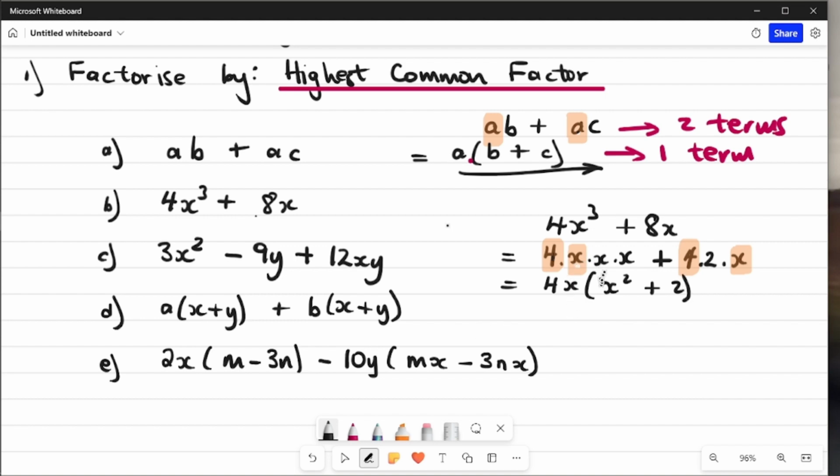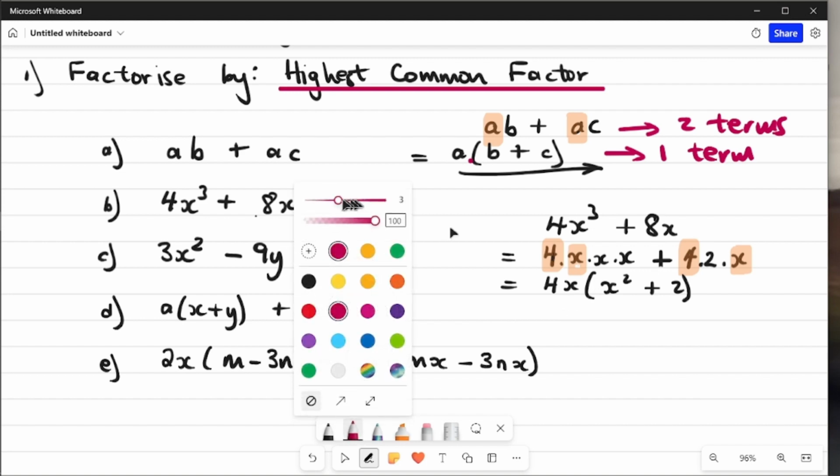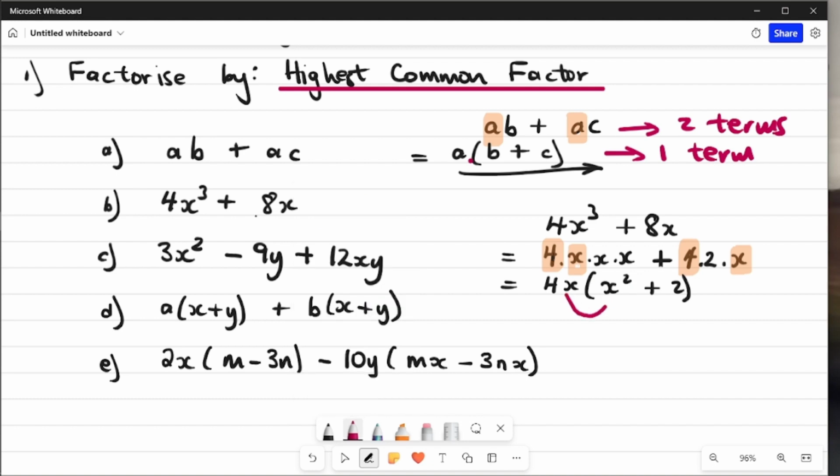Now if you were to multiply this back in, this is what you do. 4x times x squared would give you 4x cubed. 4x times 2 would give you 8x. Just notice here, we were able to change two terms once again to a single term. So this is the final answer, meaning we have fully factorized question B.